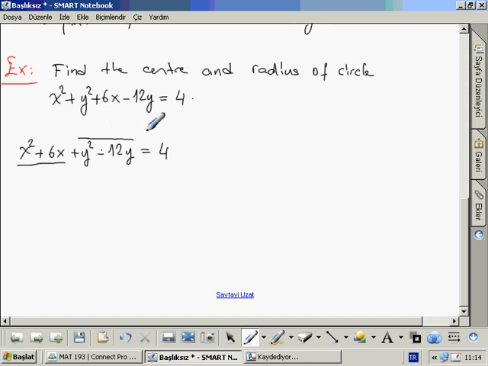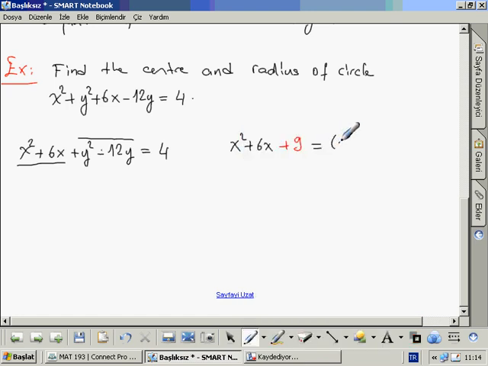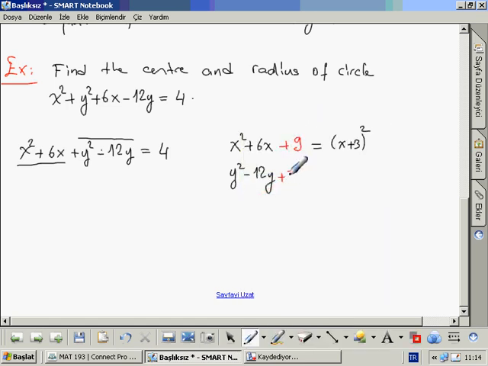And what can we do for that? For x squared plus 6x, we add 9, and it will be equal to (x plus 3) squared. On the other hand, for y squared minus 12y, you must add 36, and it equals (y minus 6) squared.